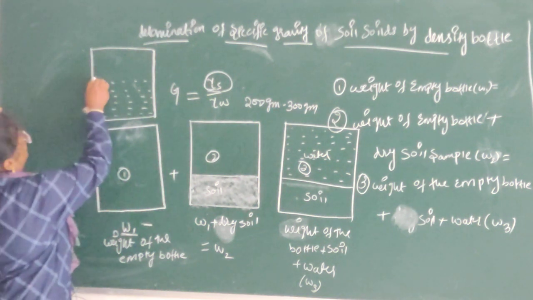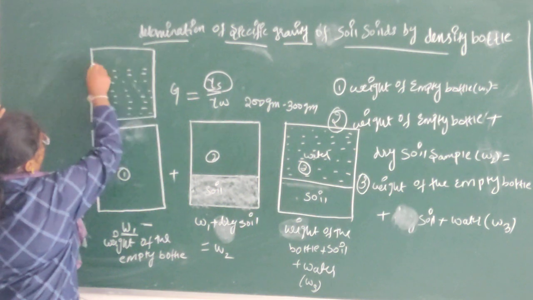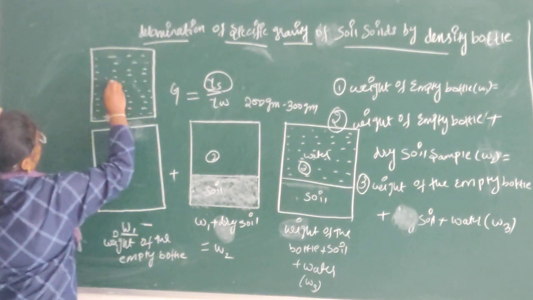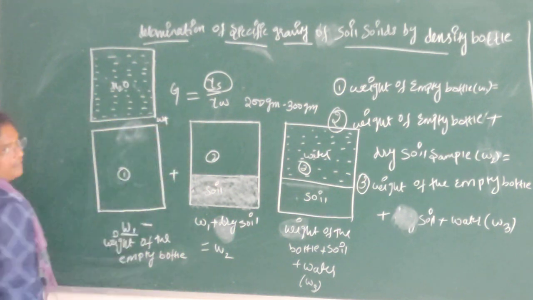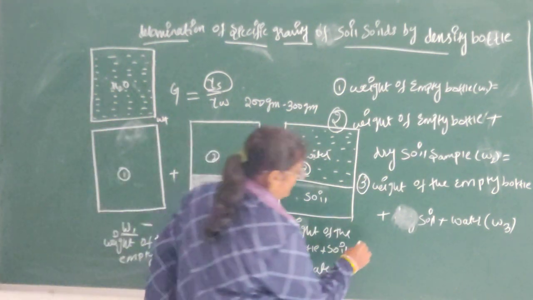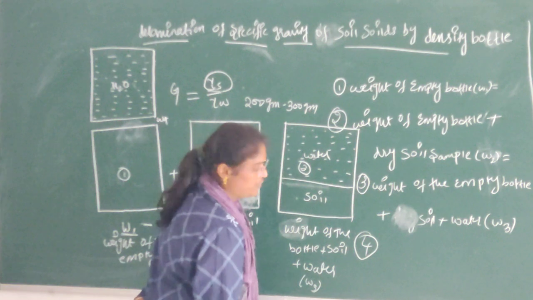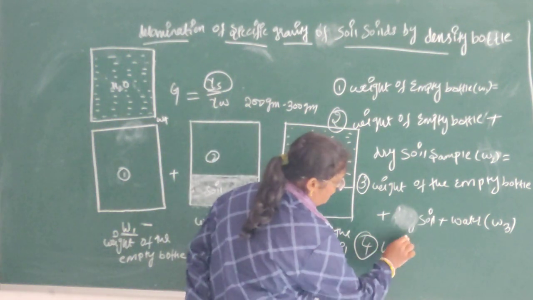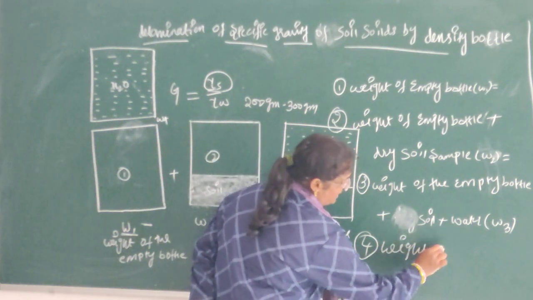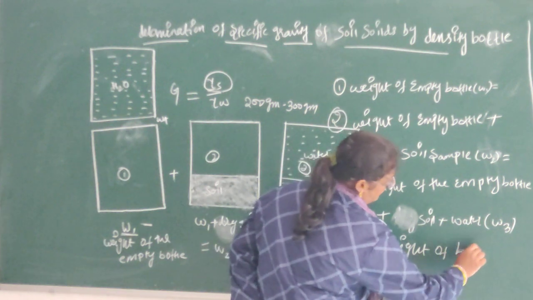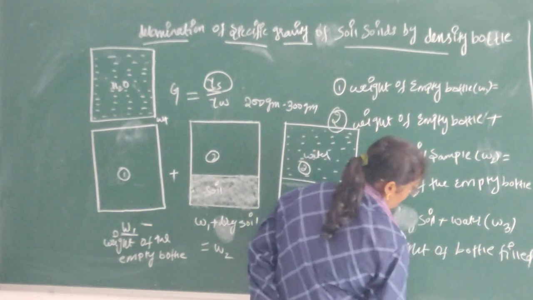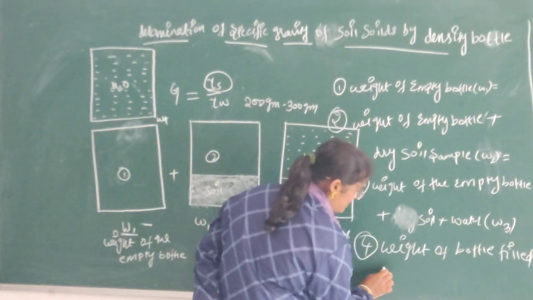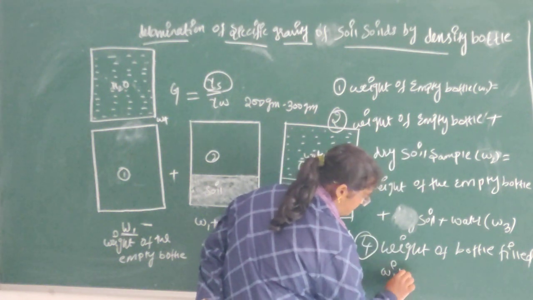That we need to find here. This is your water and this will be W4, right? The fourth one is the weight of the bottle filled with distilled water.